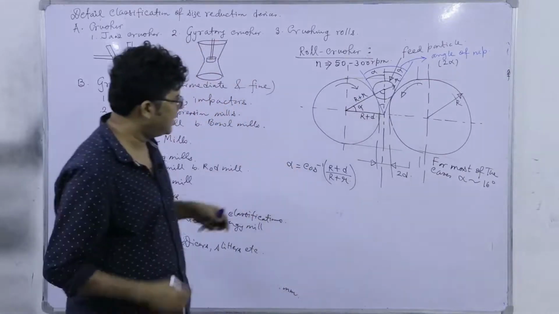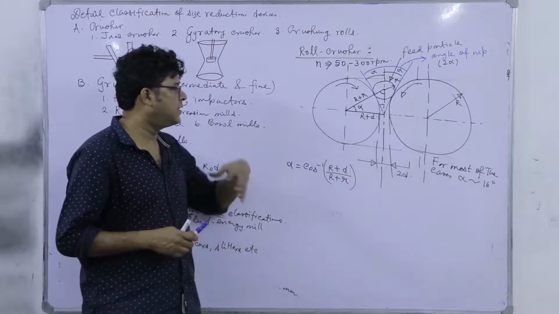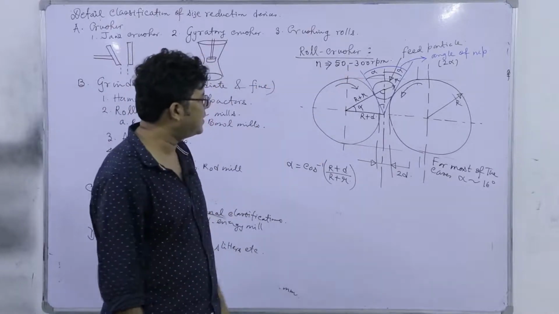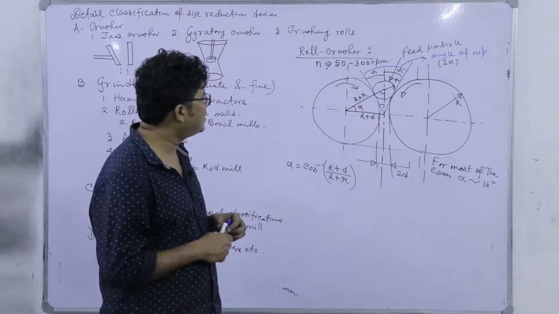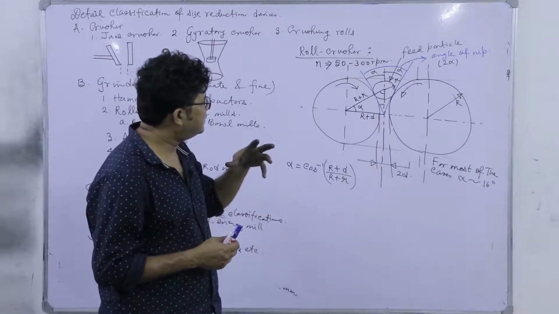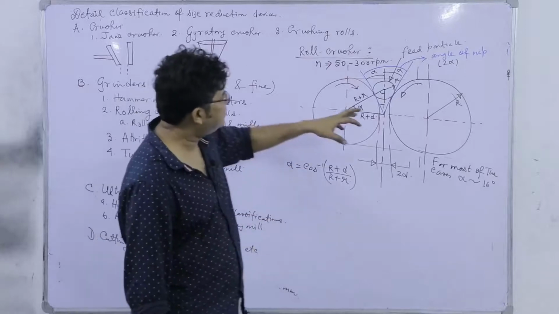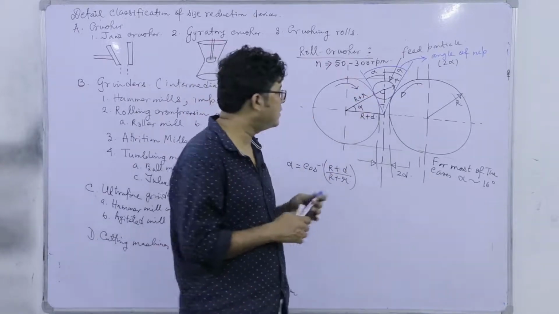That is why, because we have a fixed ratio of this diameter and length, there is a fixed particle size which will be nipped. So, what we want to calculate here is whether the material will be crushed or not. It depends on this angle of nip and the coefficient of friction, right.